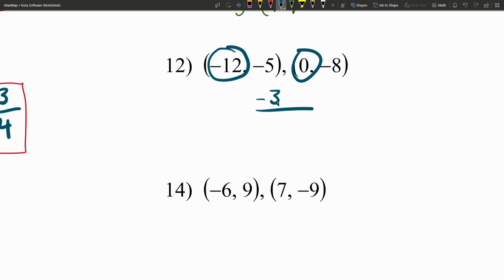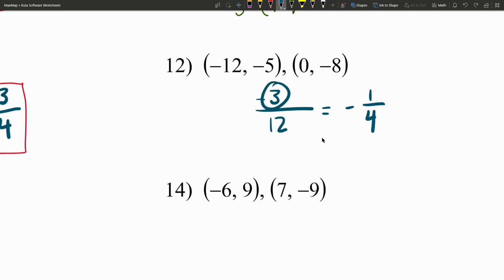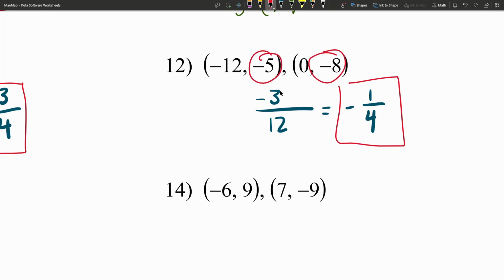We have to go over a positive 12. So this is negative 3/12 or negative 1/4 when simplified down, since 3 and 12 are both divisible by 3. Think, negative 8 minus a negative 5 is a negative 3. 0 minus a negative 12 is a positive 12. Let's continue on to number 13.